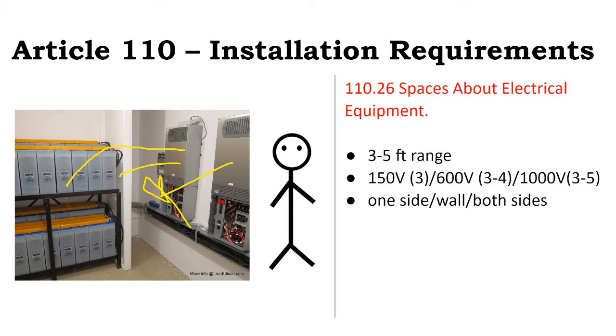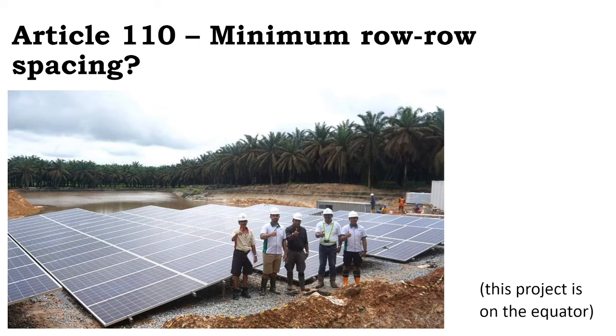I'm going to open it up and look because there's going to be harsher requirements than normal. And that's depending on what's behind you. Is there anything behind you? Is there a wall behind you? Is there electrical equipment behind you? That will increase that space. But the standard is 3 feet behind you, more if there's actually something behind you.